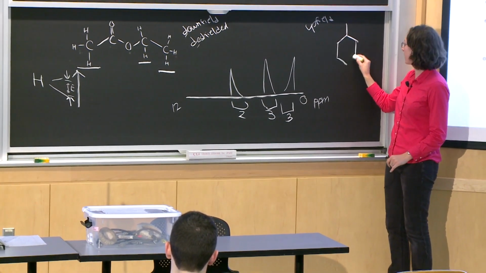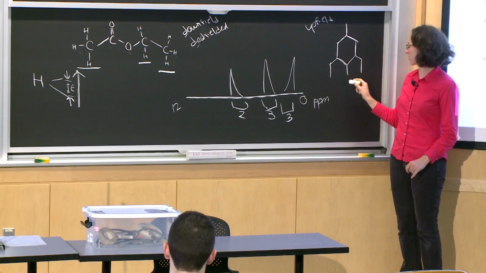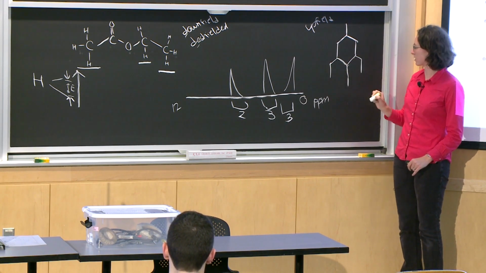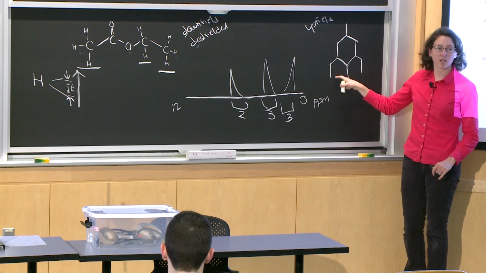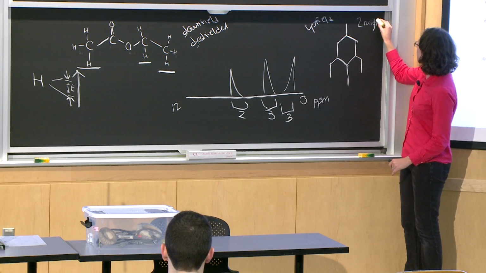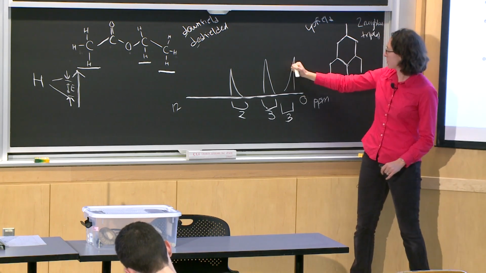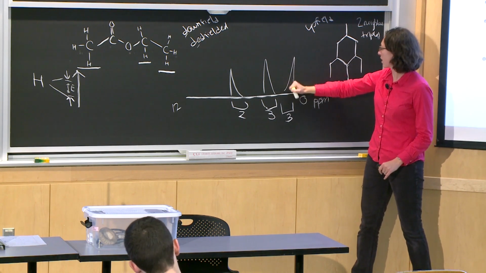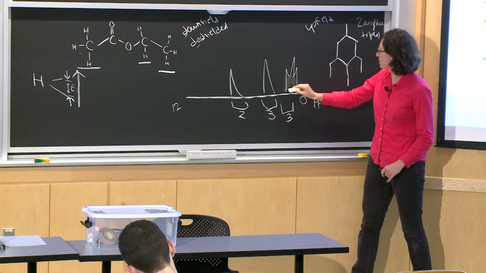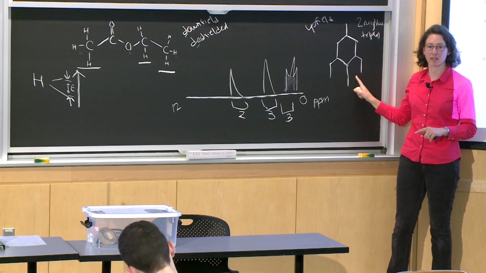And then if it gets split again in an equal magnitude, you end up with 3 signals. So this splitting kind of combines, and this peak gets a little bit bigger. So this is what is called a triplet. So if you have 2 neighbors, you get a triplet. So that methyl group will actually look something like this. It'll have 3 peaks to it, with the middle one being the biggest, and that's the characteristic pattern of a triplet.